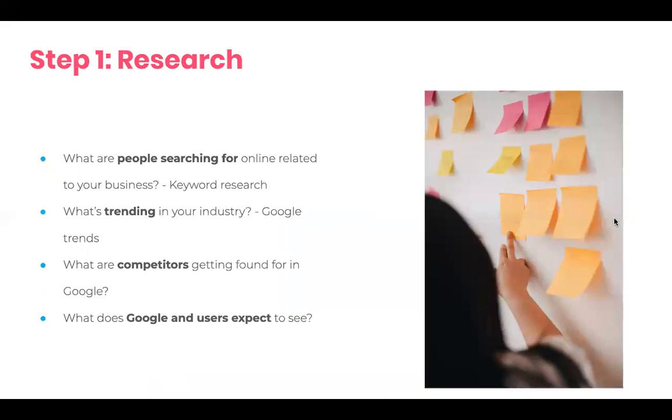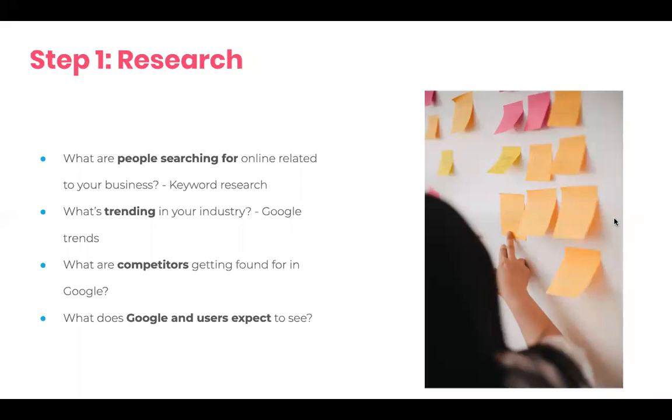So the first step in your journey of creating Google-friendly content starts with research. And this is the most important part, because if the research is not right, the output is not right. By research, we're talking about what are people searching for at the very highest level.